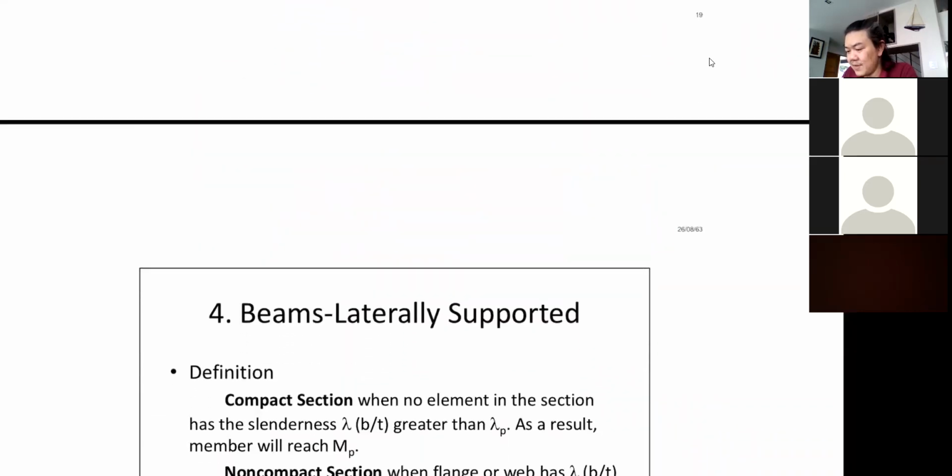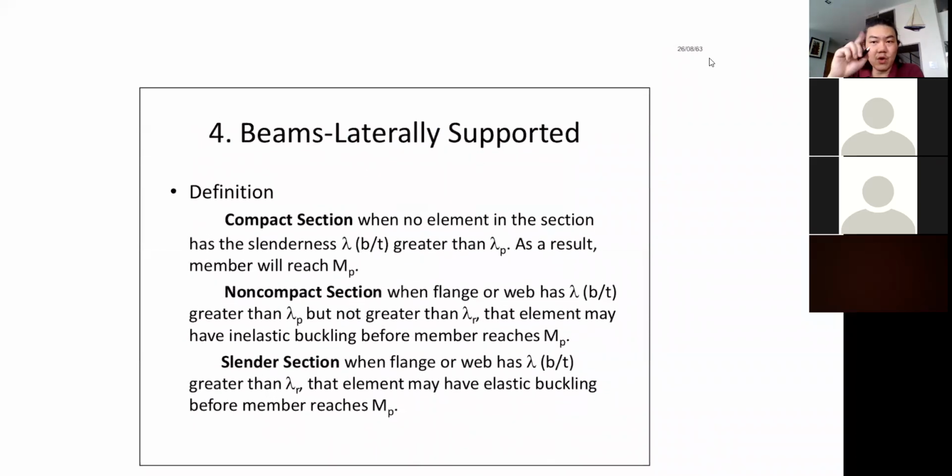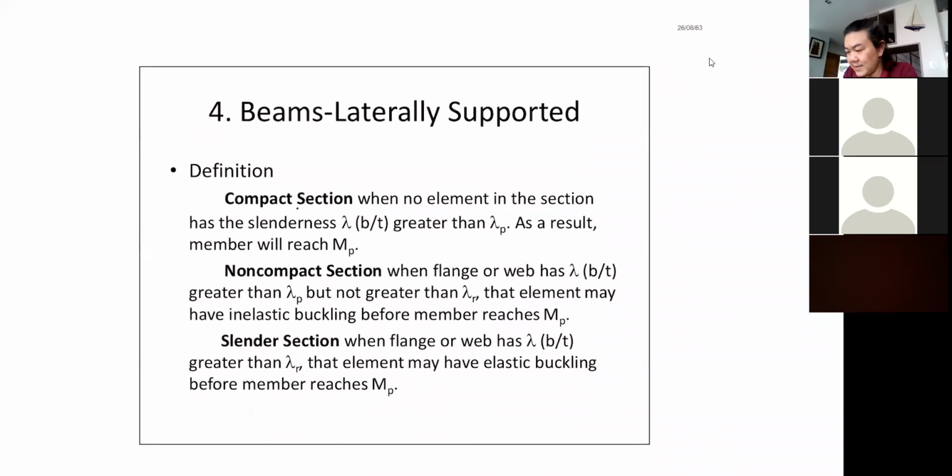Now here we are, the compact section. Now we talk about the element. A compact section is when no element in the section has a slenderness ratio greater than lambda p. So let's say we are talking about the I shape, it means that both the flanges and the web must have a slenderness ratio lower than lambda p for the section to be called a compact section.